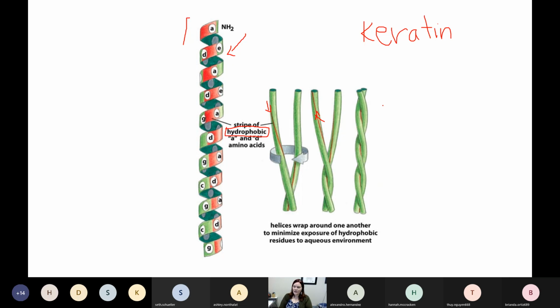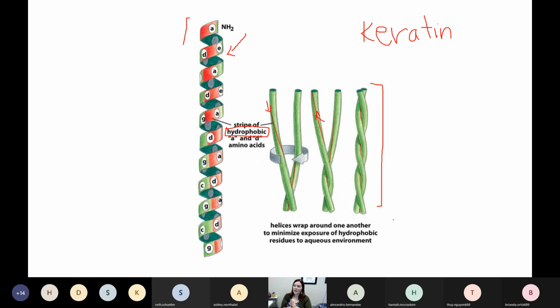When we build a finished tertiary structure on a keratin protein, it's wrapped around each other kind of like a Twizzler. And I've got these 2 strings of amino acids that are really strong and stable because they both don't like water. So part of what makes the keratin protein so strong is it has this stripe of amino acids. They all want to push away water, so they squeeze together to make this strong protein.